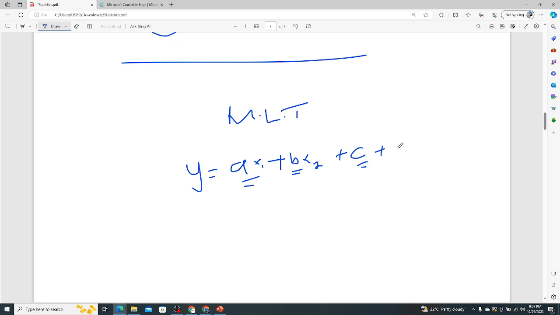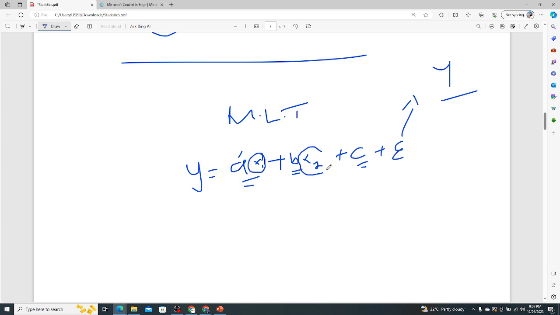Here we also include an error term, that is the error term or the epsilon. It is the y deviation. We shall see that. So y is equal to our first constant multiplied by our first independent variable.